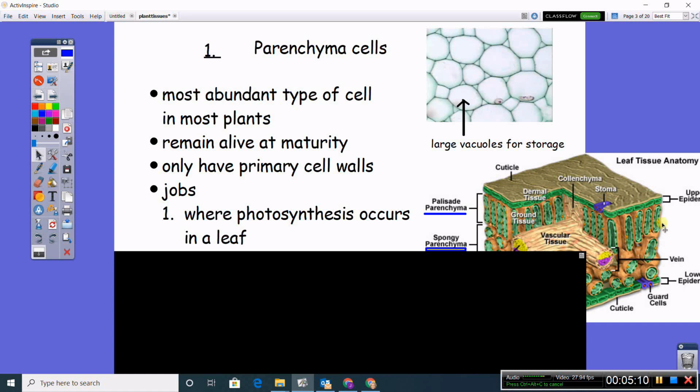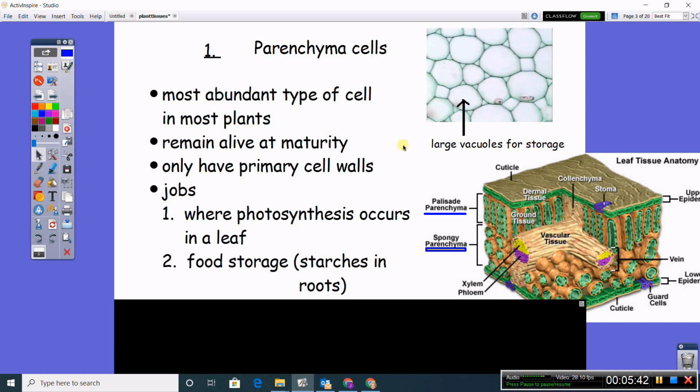We called it palisade mesophyll cells. If you remember that term mesophyll, those are the kind of cells that photosynthesis occurs in. Well, mesophyll cells are actually a type of parenchyma cells. So if we didn't want to call it palisade mesophyll, we could call it palisade parenchyma. And then the cells that are a little bit more spread out on the bottom, those would be spongy parenchyma, or like you learned it before, spongy mesophyll.